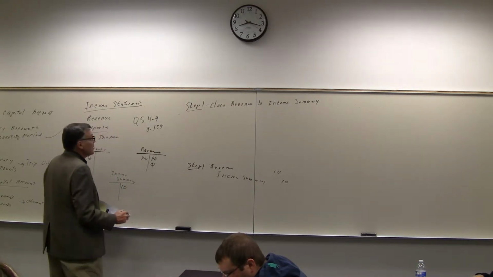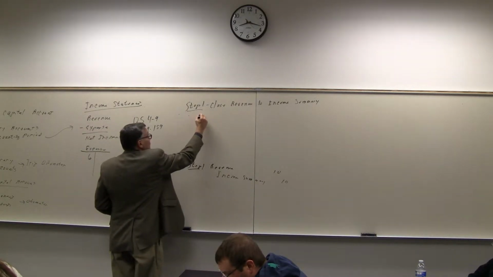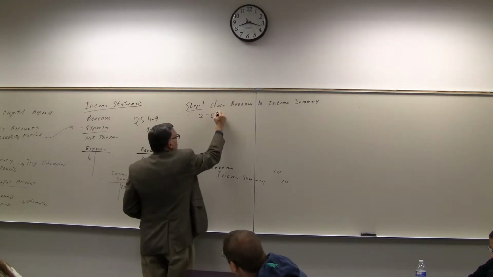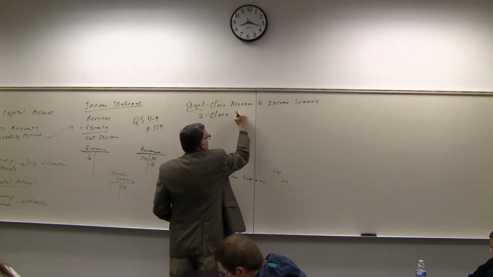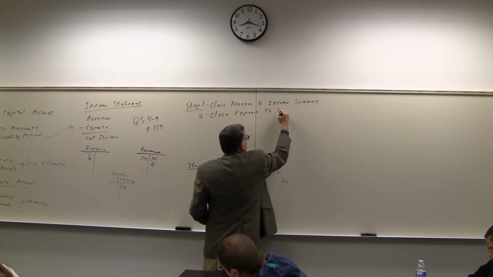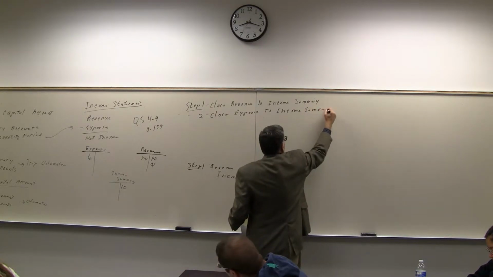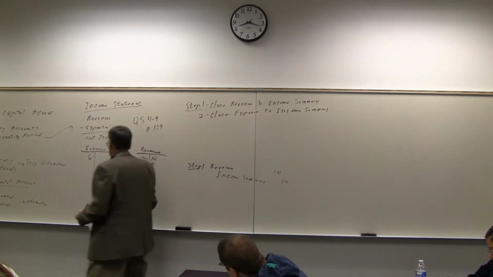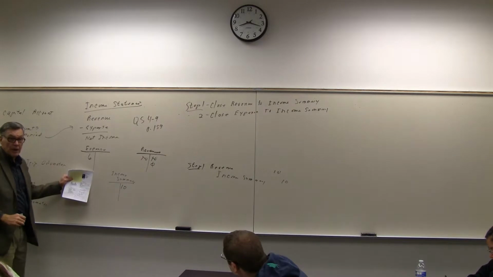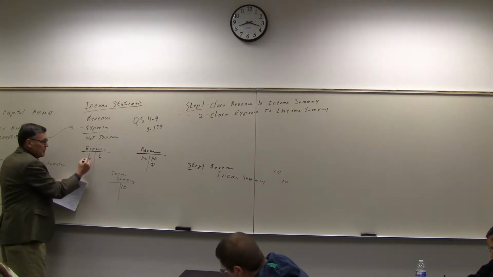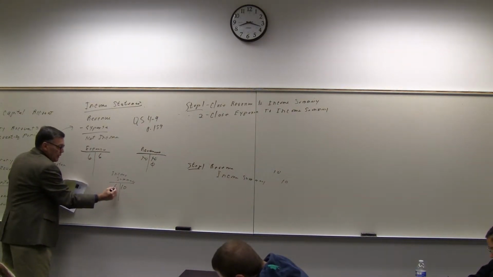Now, step two, and I'll just write the number 2 here, is you're going to close the expense to income summary. All right, so how do you think we do that? Well, you're going to credit expense and debit income summary.